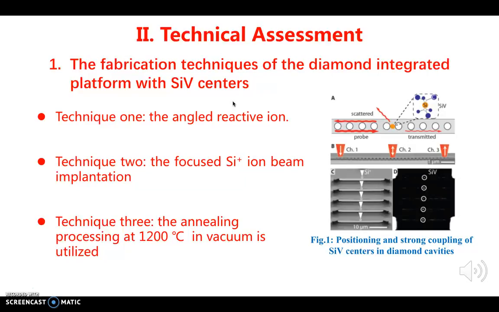Technique 3, annealing at 1200 degrees Celsius in vacuum is utilized to form the silicon vacancy centers and mitigate crystal damage. Figure 1 shows the positioning and strong coupling of silicon vacancy centers in diamond cavities.